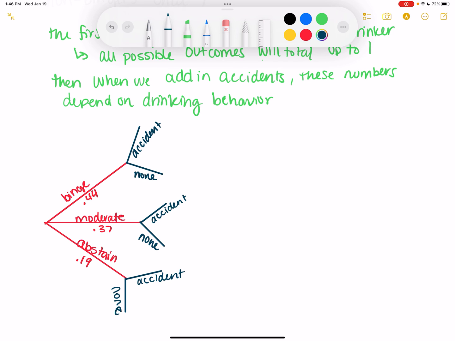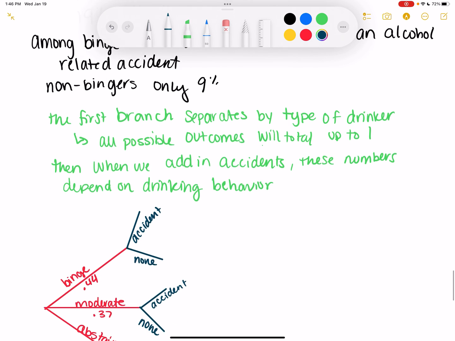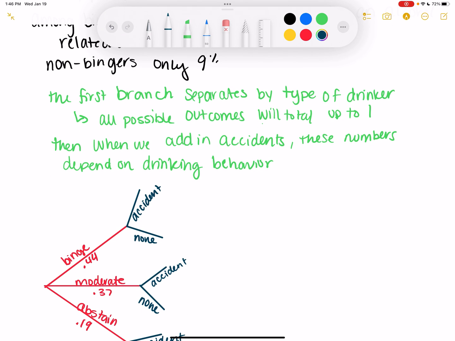All right, so up here it said among binge drinkers, 17% have been in an alcohol-related accident. So under accident in binge, we put 0.17.